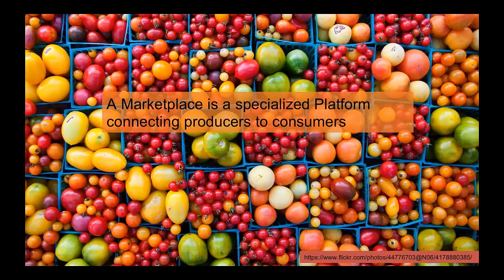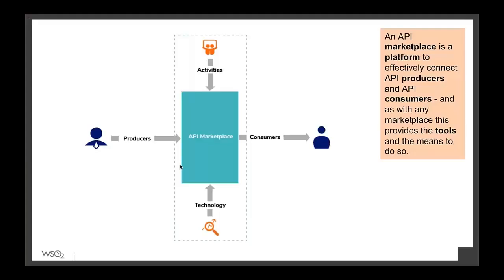So it's a specialized type of platform. In some articles, you see the terms platform and marketplace used interchangeably, but there is a specific distinction between them as well. But at the end of the day, an API platform and an API marketplace can be quite similar.